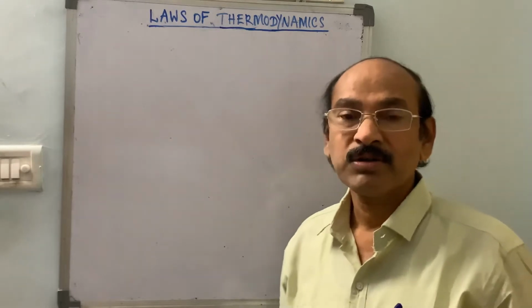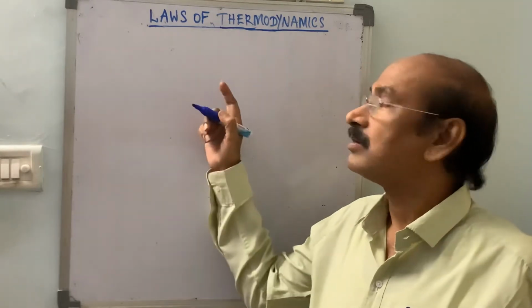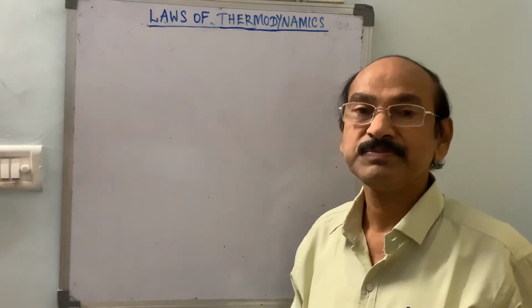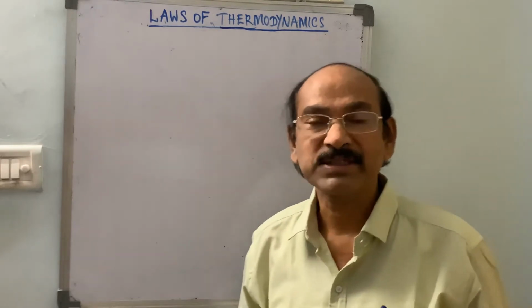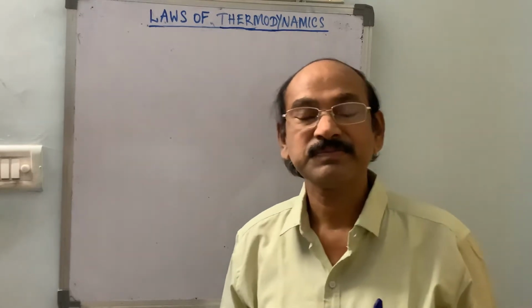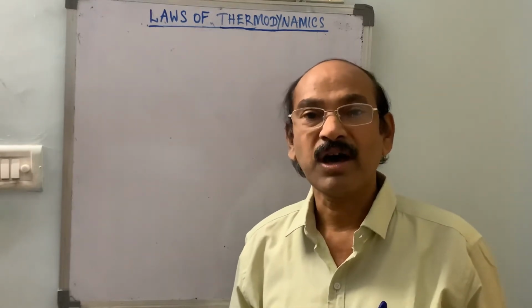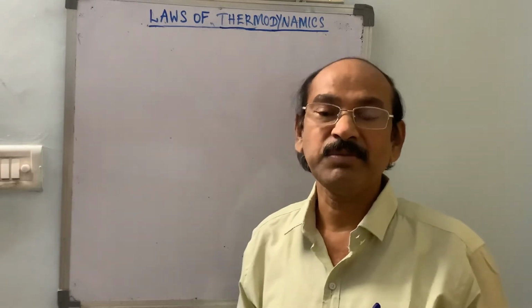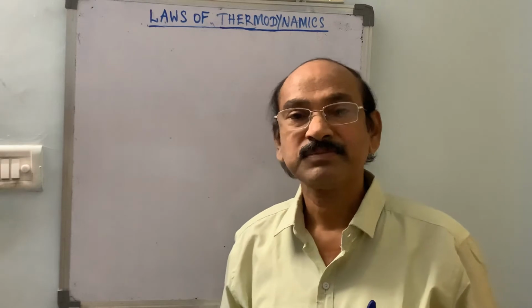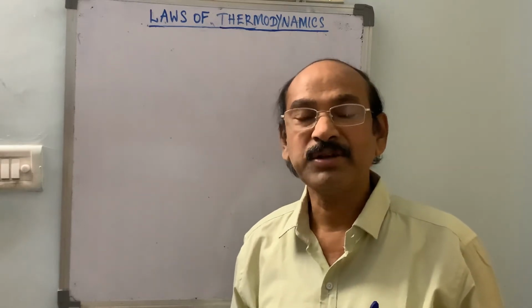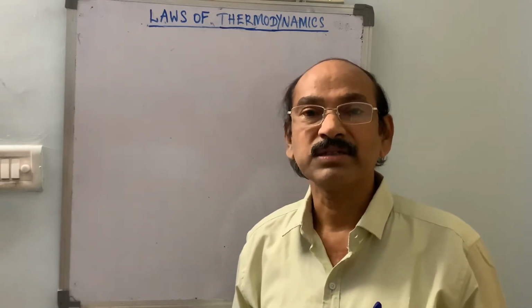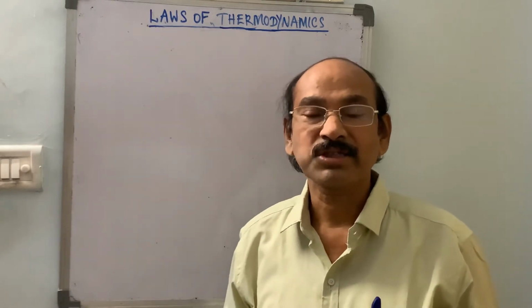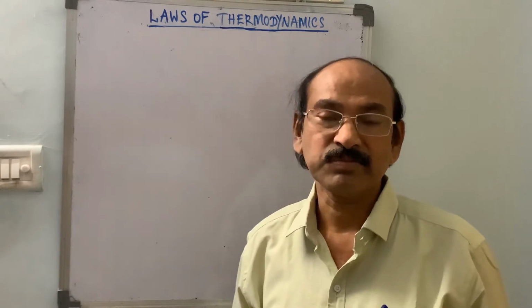So here, there are two laws of thermodynamics. The first law of thermodynamics is about the law of conservation of energy. According to the first law, the heat energy supplied to the system is equal to the increase in internal energy and the external work done by the system.